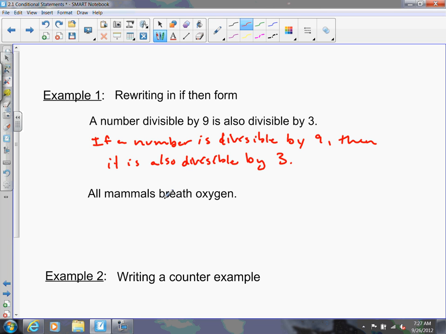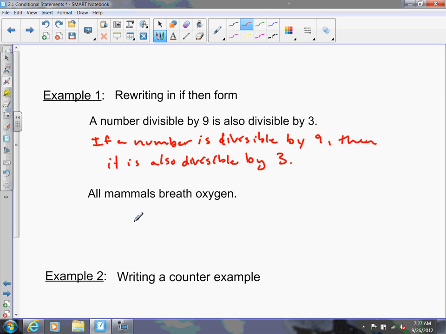This one's a real simple statement. All mammals breathe oxygen. We can do this the same way. We might have to add some extra words in. So you might want to say, like, if a species, a mammal, let me think here.